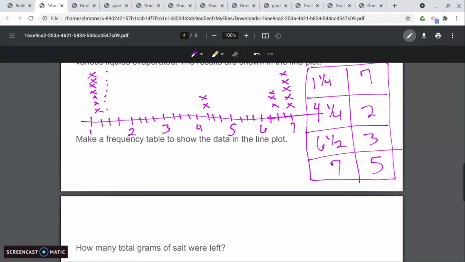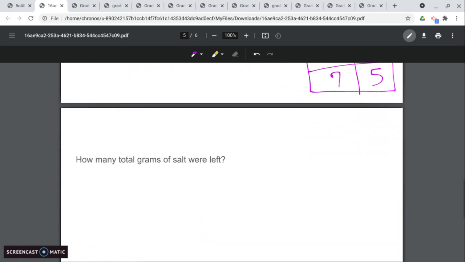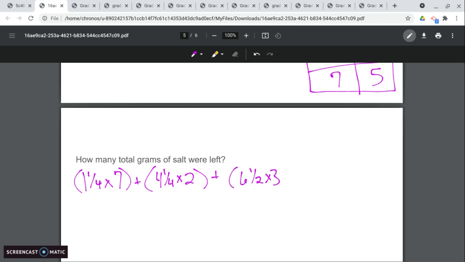So we're going to do 1 1/4 times 7, plus 4 1/4 times 2, plus 6 1/2 times 3, plus 7 times 5.